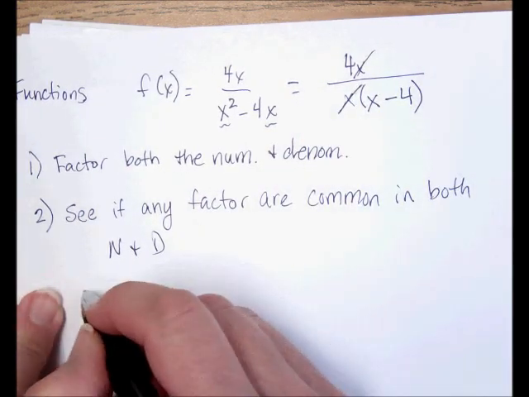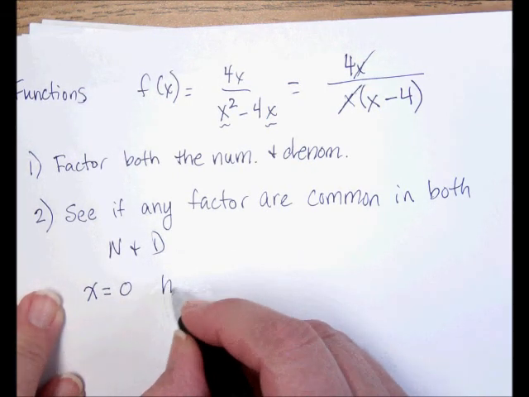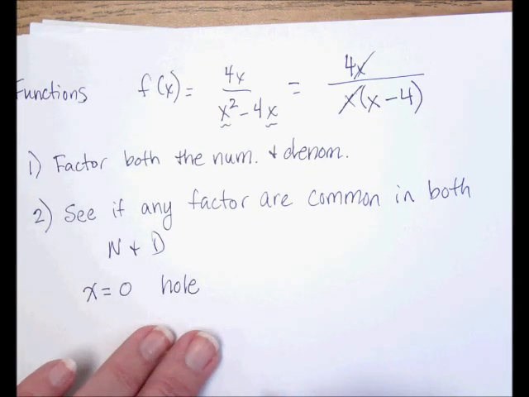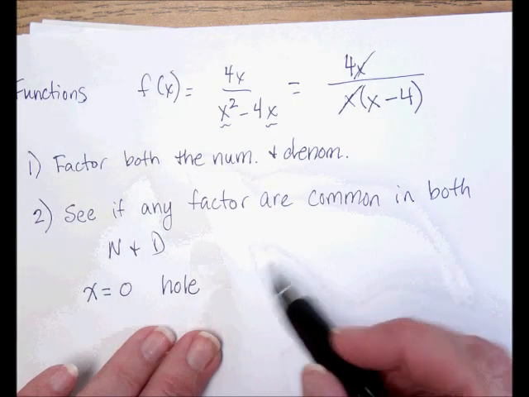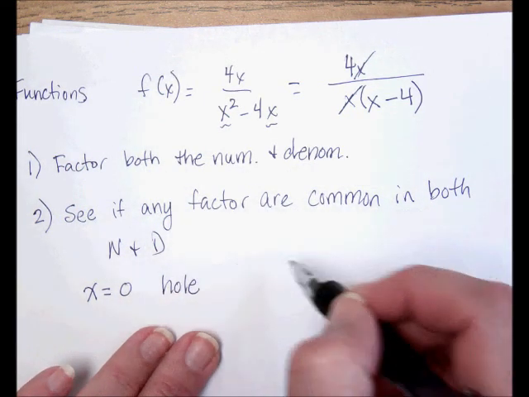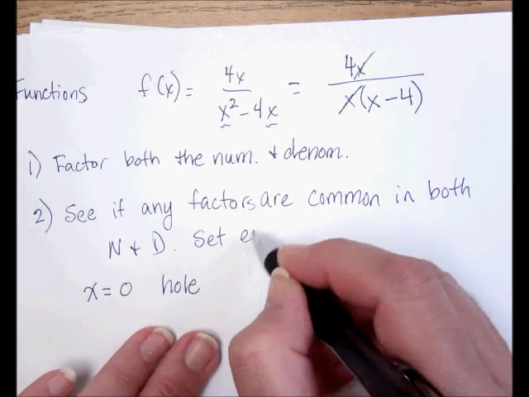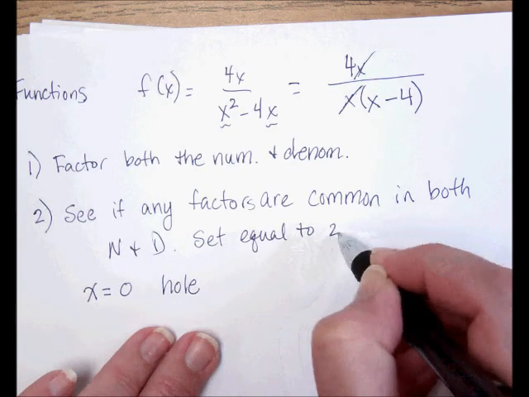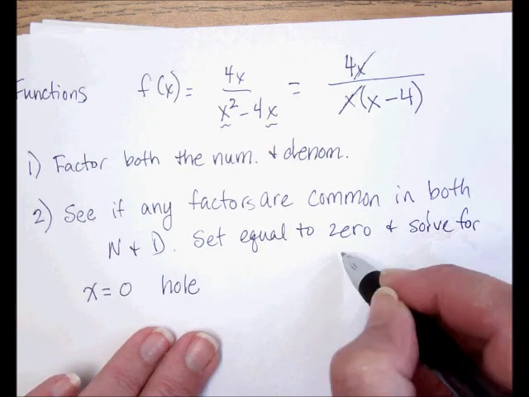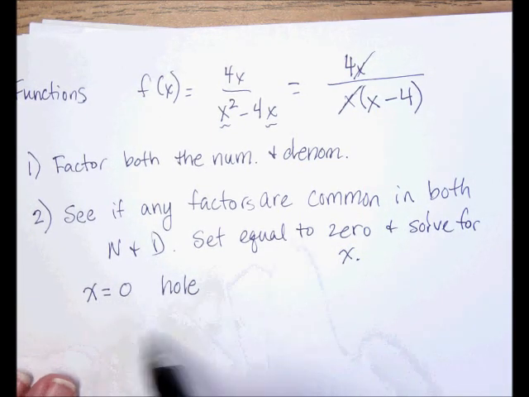So x equal to 0 is going to be a hole, a point where the graph becomes discontinuous. So it says: see if any factors are in common in both the numerator and denominator, set equal to 0, and solve for x. In this case, it's just x, so x is equal to 0.